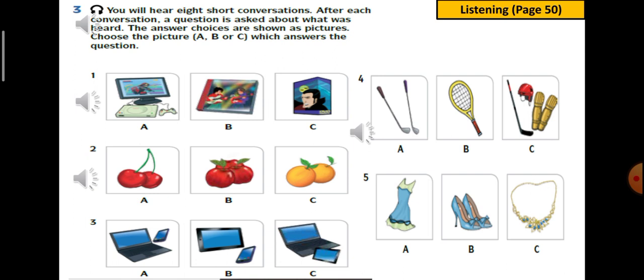Let's take a look at the questions one by one. Okay, take a look at question 1. You have A, B, and C. Okay, what is A? What does that look like to you? There is a game console there, right? So I'm guessing it might be something related to computer games.